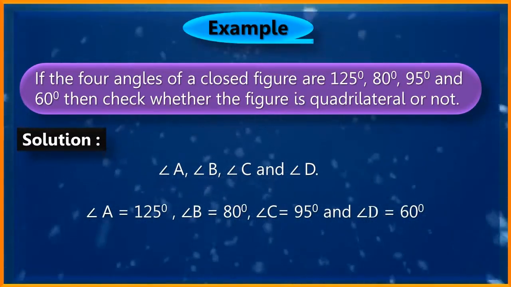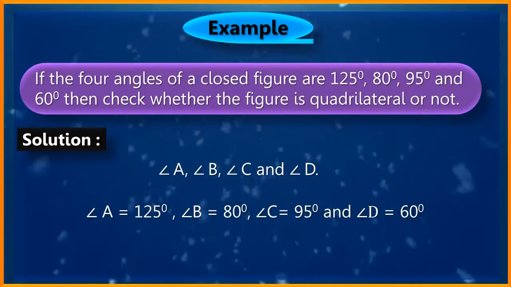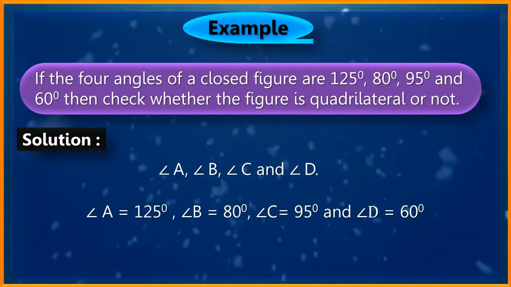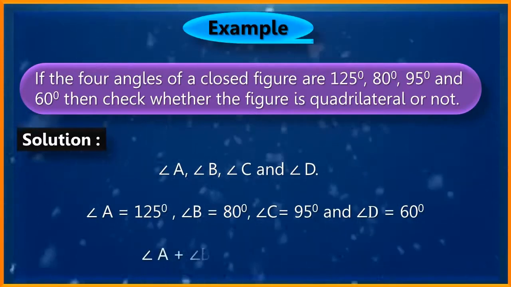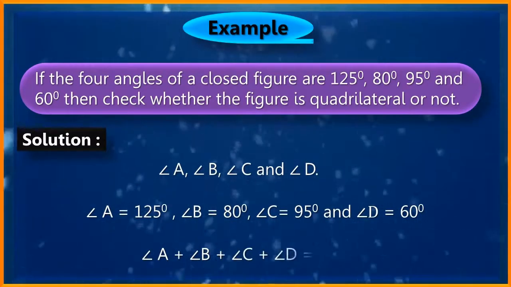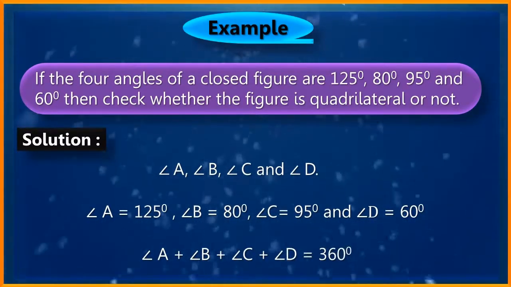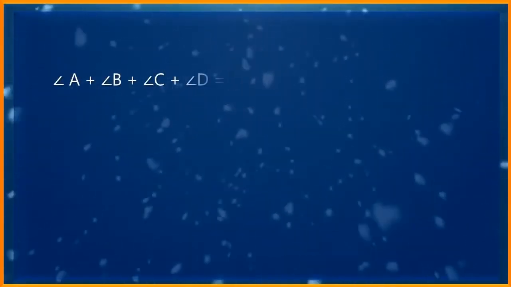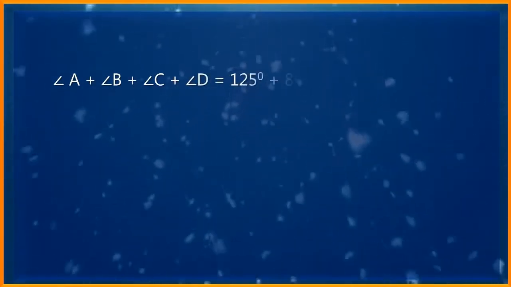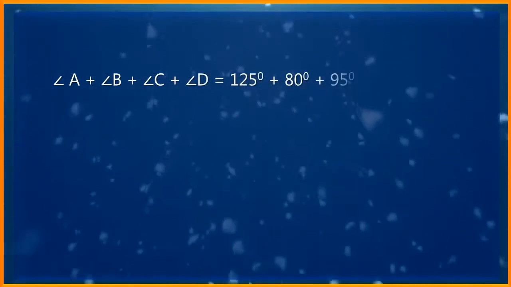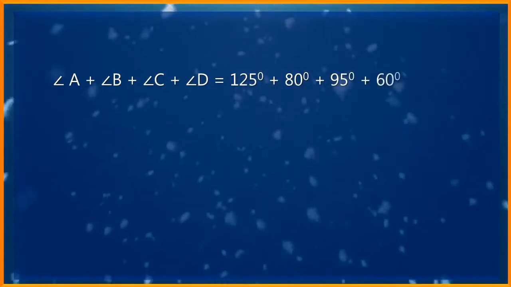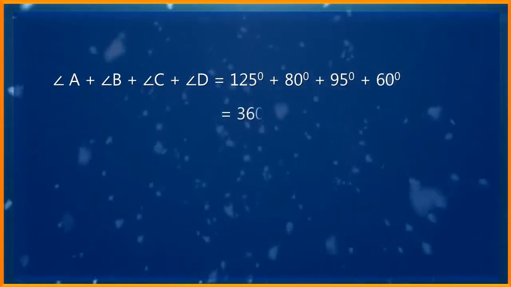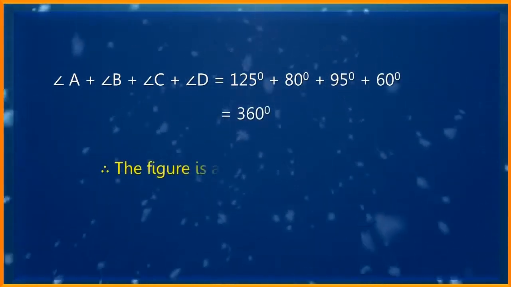As we know, the closed figure will be a quadrilateral only if angle A plus angle B plus angle C plus angle D equals 360 degrees. Now, angle A plus angle B plus angle C plus angle D equals 125 degrees plus 80 degrees plus 95 degrees plus 60 degrees, which equals 360 degrees. So, the figure is a quadrilateral.